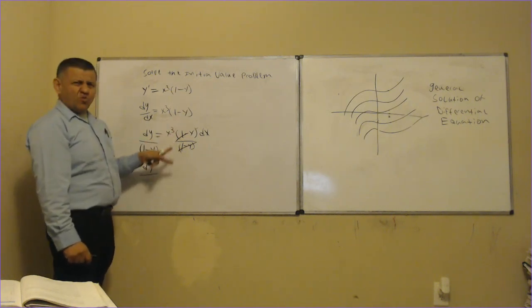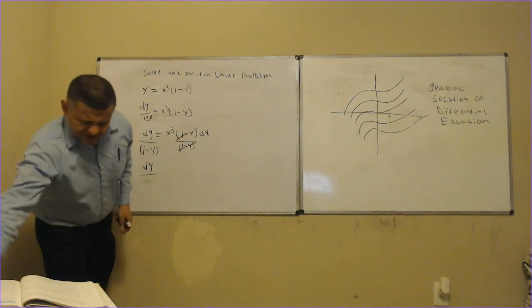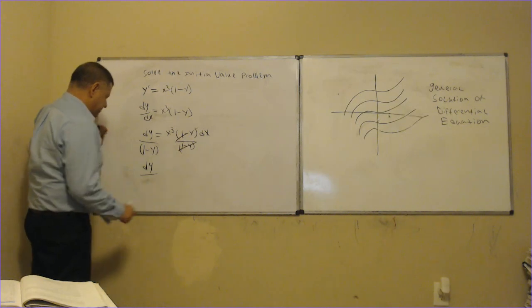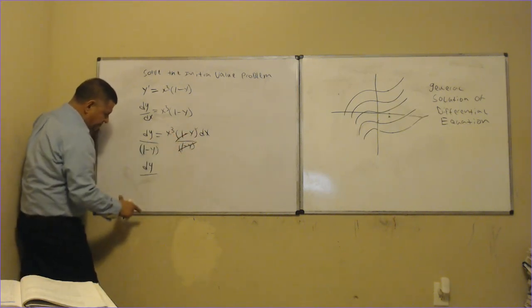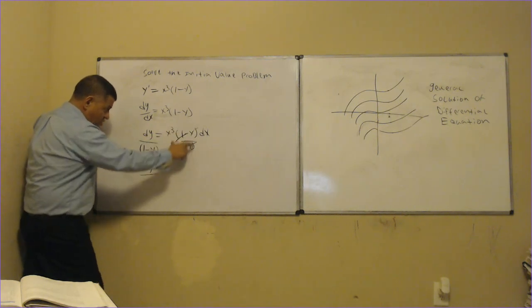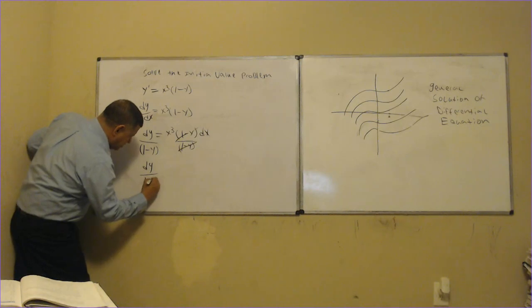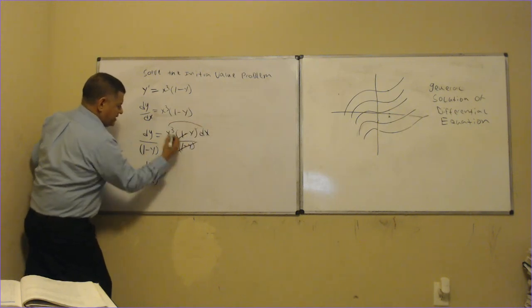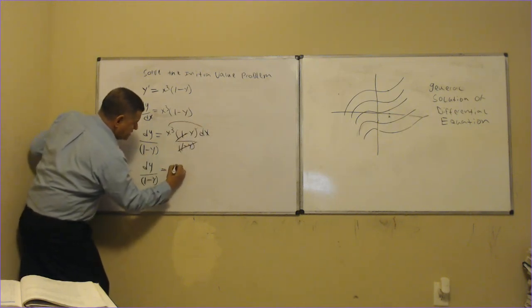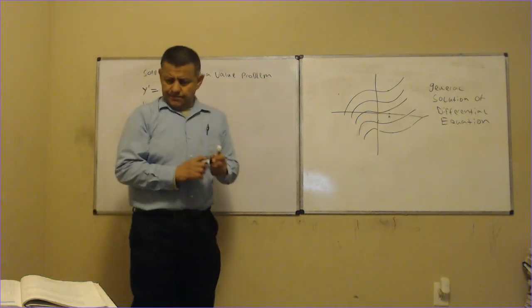Divided by itself, this is equal to 1. But anyway, we divide by this term, and then we put the 1 minus y on this side. And this guy right here, we get x cubed dx. Okay.